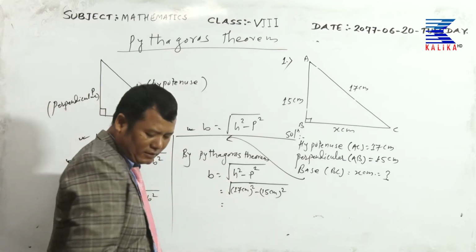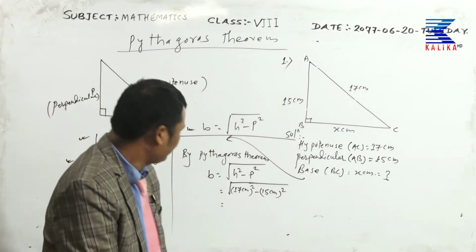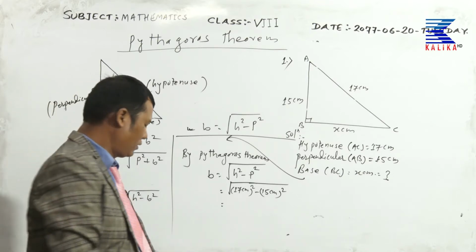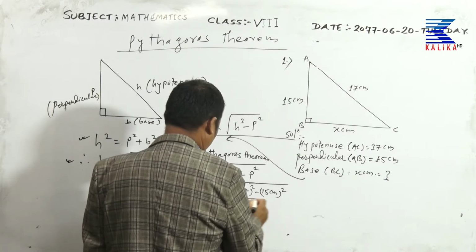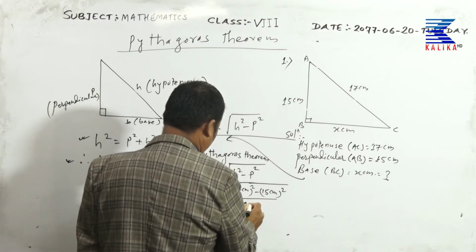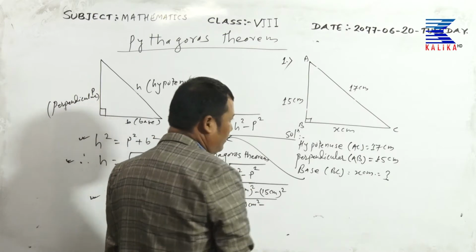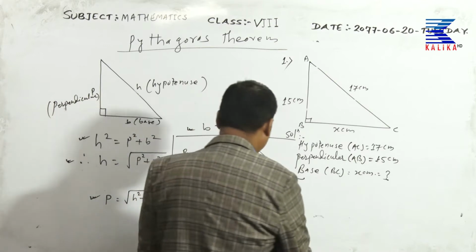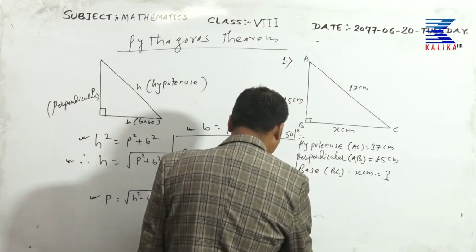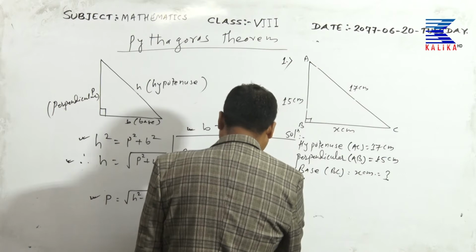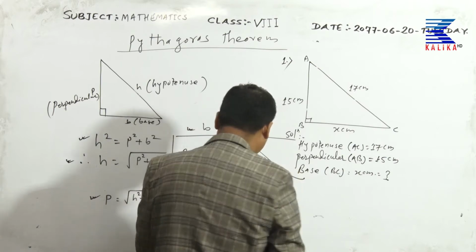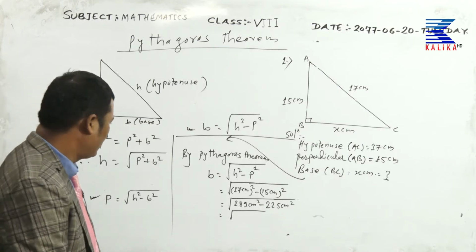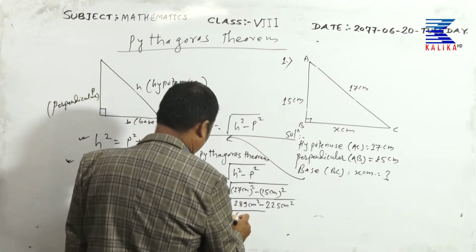And what is the square of 17? 17 into 17, 289. Under root 289 cm square minus 15 square, 225, and the difference between them is 64 cm square.